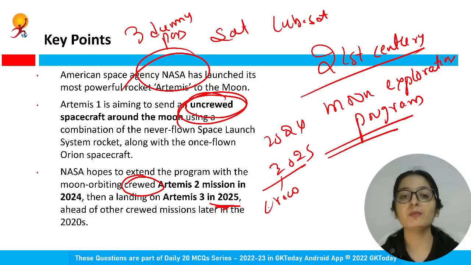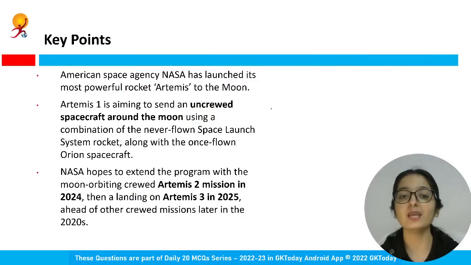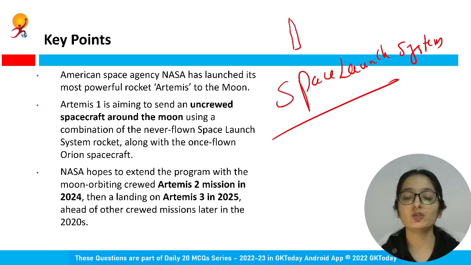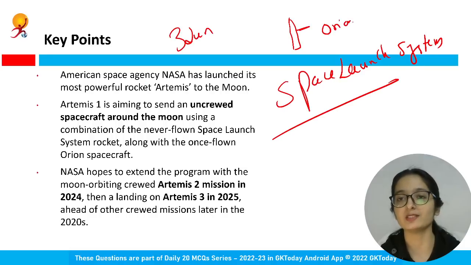So please do remember Artemis 1 is uncrewed, and also you have to remember 2 to 3 other points. The name of the rocket is Space Launch System rocket, and the capsule in this rocket above, where you will have 3 dummy passengers, is known as the Orion spacecraft. This term is very important.